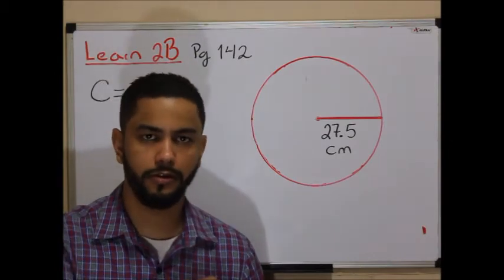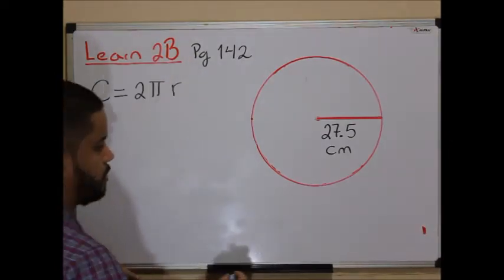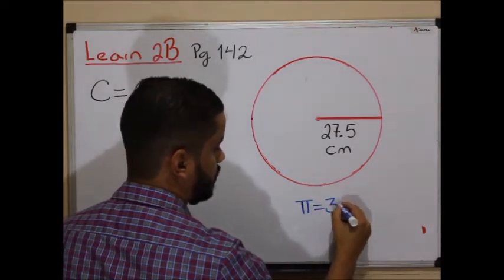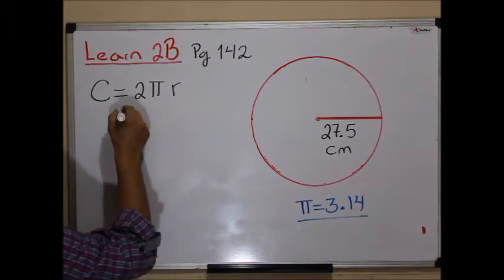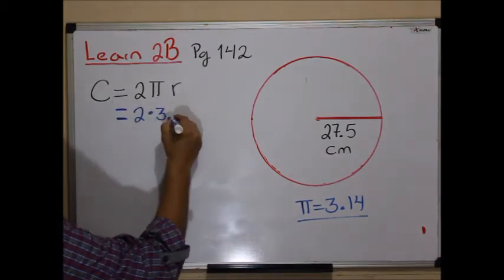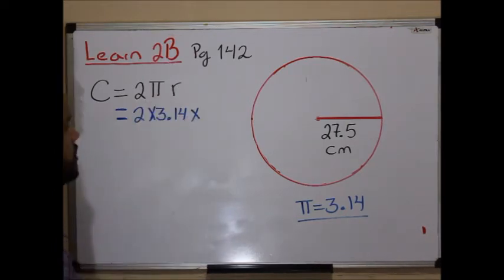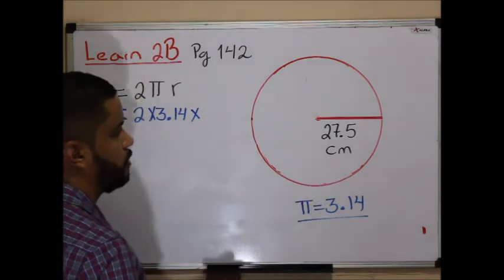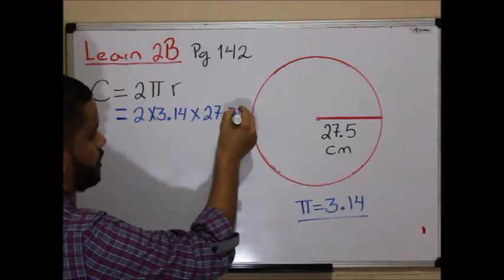So now we're going to substitute. In this exercise, we're going to use pi as 3.14. So this will be equal to 2 times 3.14, times the value of our radius. And our radius is 27.5, so we're going to write here 27.5.